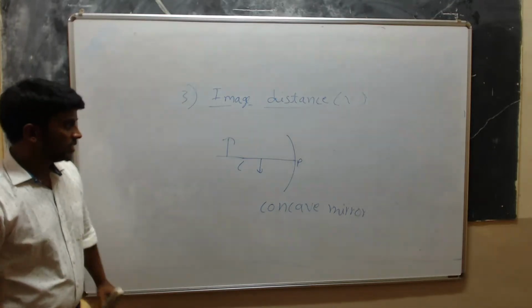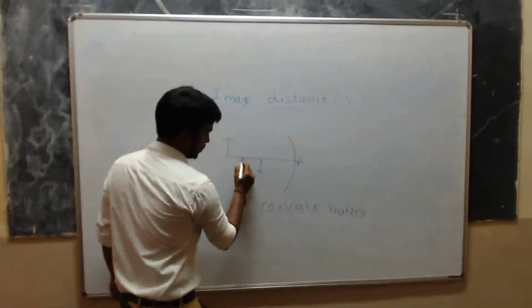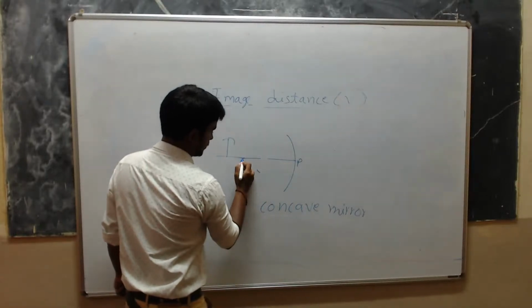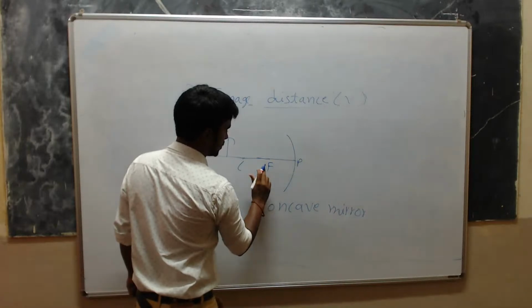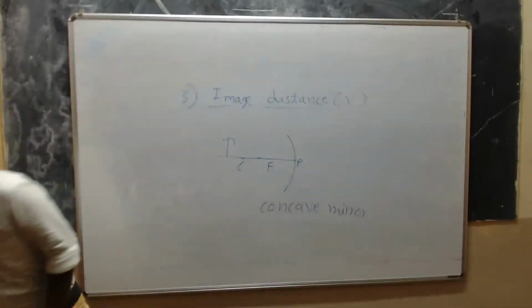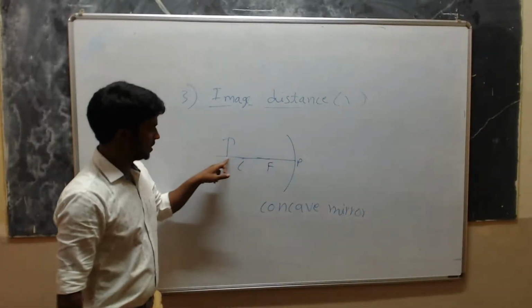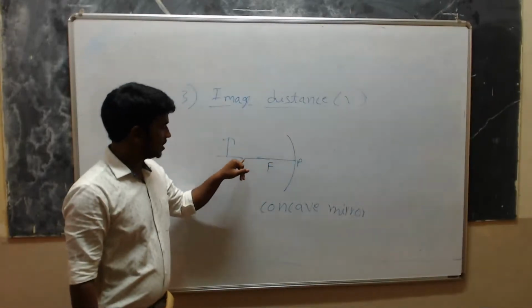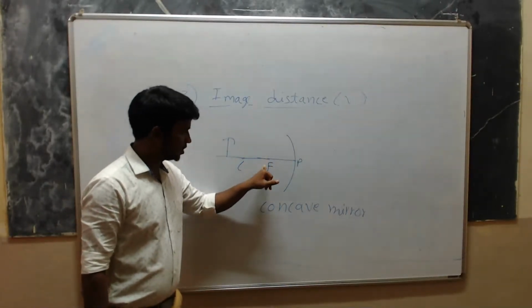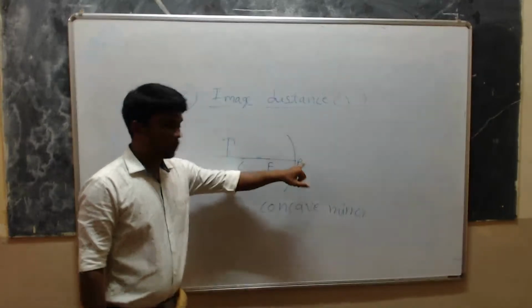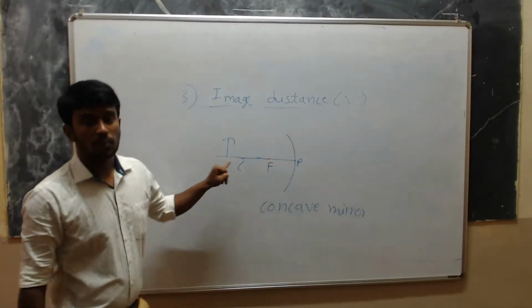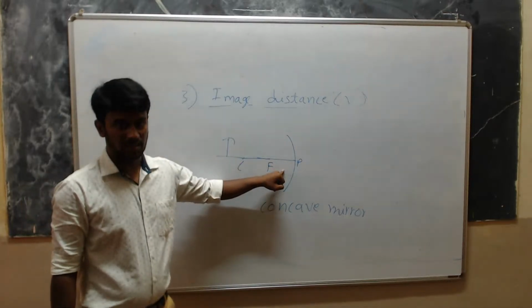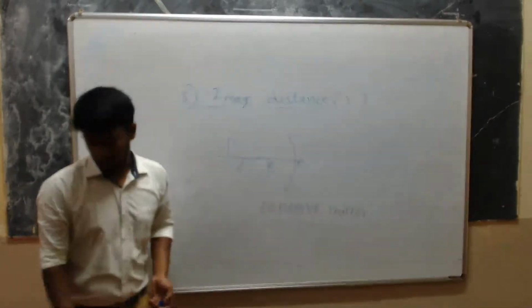Next, observe here. This point is C, and the midpoint between C and P is the principal focus. Now see this line, which connects the center of curvature, the principal focus, and the pole of the mirror.